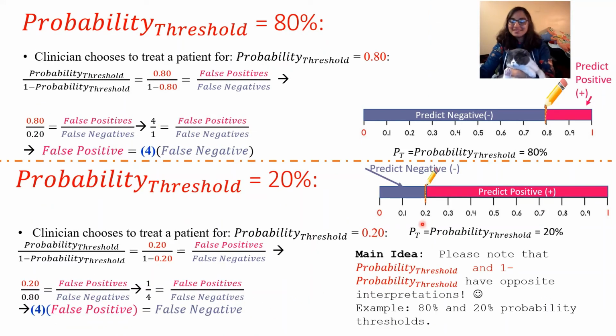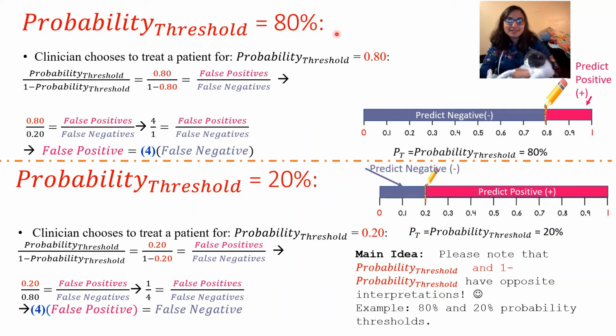So what you hopefully just saw from the example for the probability thresholds of 95% and 5%, is that the interpretation is kind of like the opposite. The main idea I want to show you through another example is that for a given probability threshold, the interpretation for 1 minus that probability threshold will be the exact opposite. So hopefully this will save you some time.